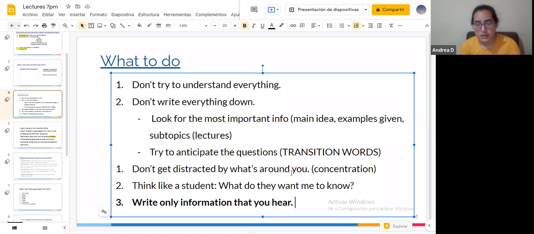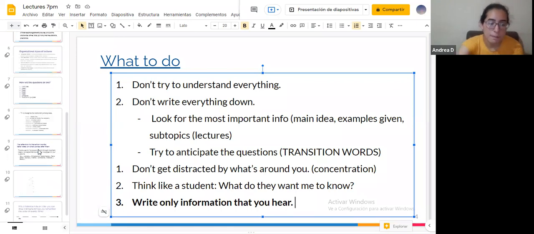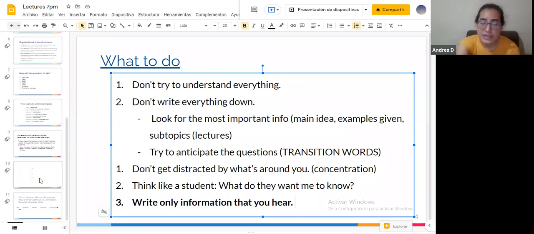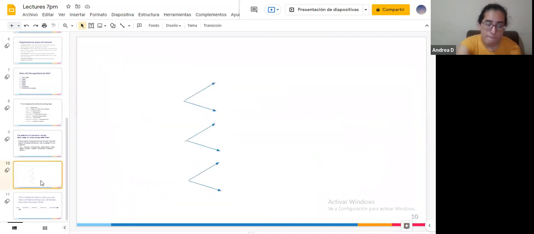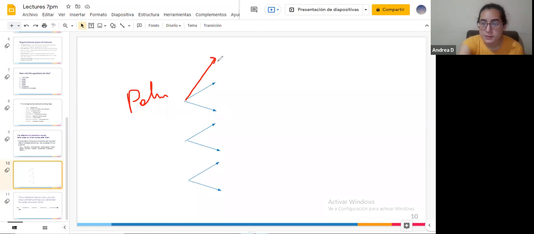Okay. So those are some things I could say. Make your notes as visual as they could be. If you have a classification of something, you can draw some arrows. For example, pollution: 3 types, type 1, type 2, type 3.